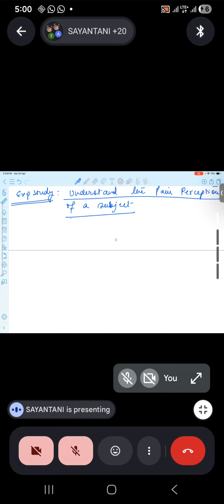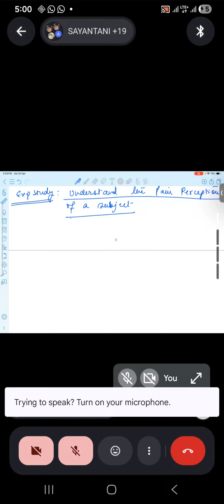So some kind of pain or fluid retention in that region of the body is stabilized, and that is cured with the help of acupressure.